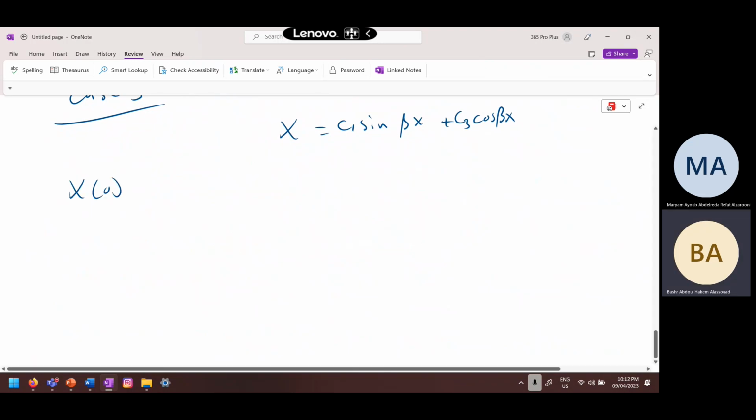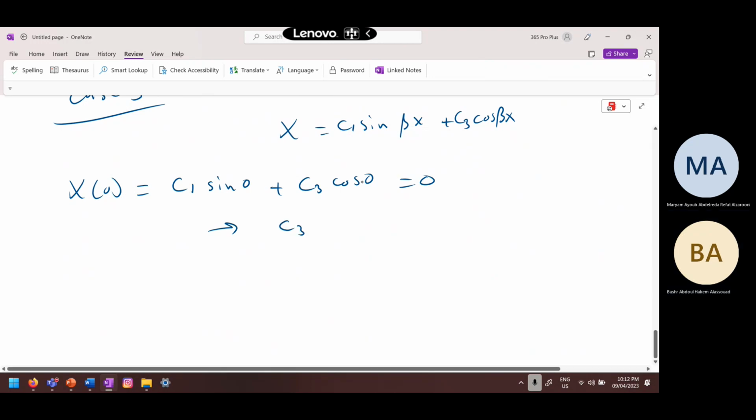So get x of 0, c1 sine 0 plus c3 cosine 0 equals 0. Simplify this, you'll get c3 cosine 0, which is 1, equal to 0. Okay, now our new function is x equals c1 sine beta x, since this solution is now cancelled.